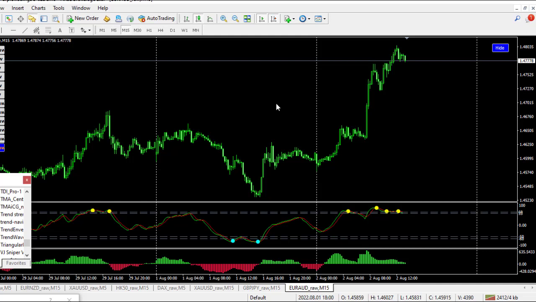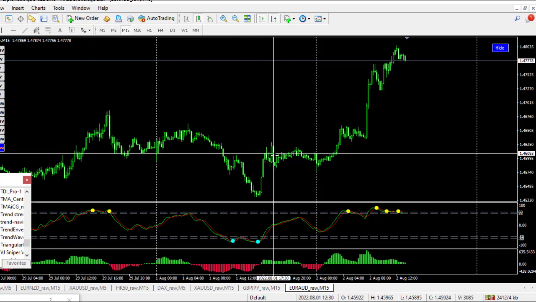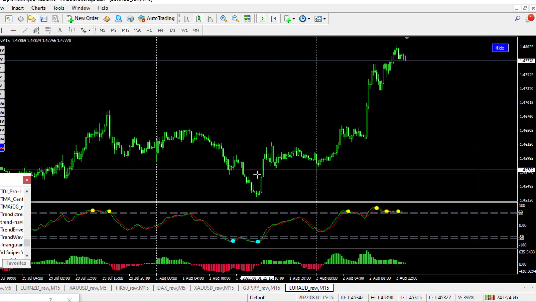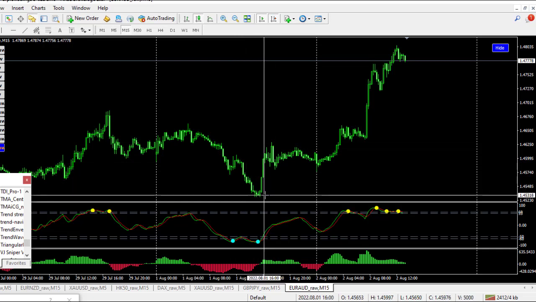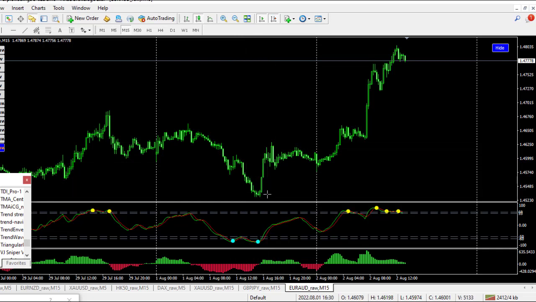Australia dollar, Euro, AUD. So if you check my chart closely right now, we have a buy signal here, and people might ask, why am I combining these two indicators together, since we know that trend wave indicator does not repaint, and the fact that it does not repaint does not make it 100% accurate.